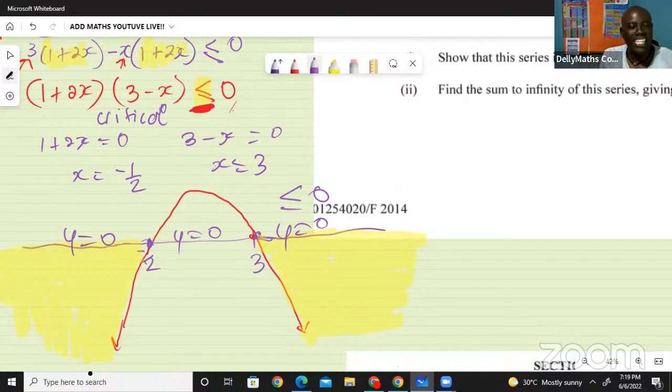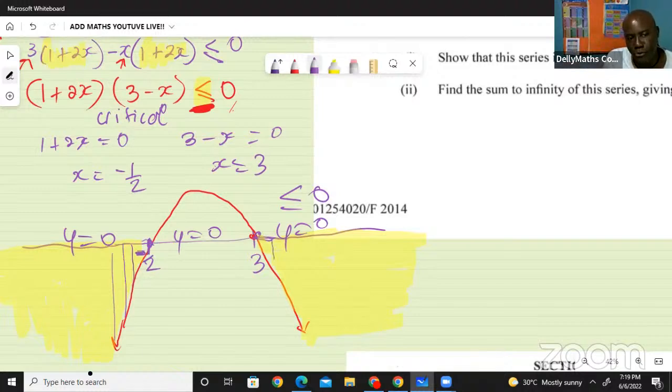And we need to represent that idea using our set notation, right? So when you look at that, as I step to the left of -1/2, I am in that region. In other words, these x values would have touched the curve below 0.